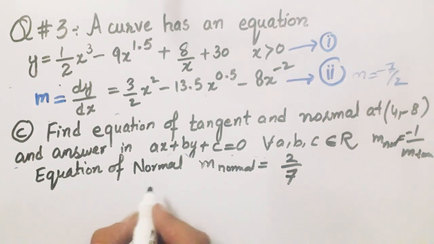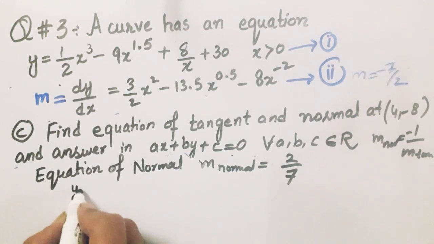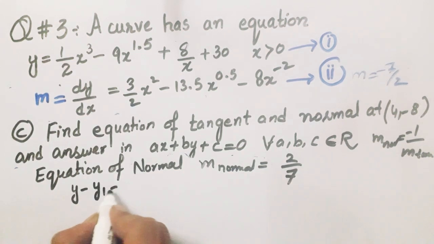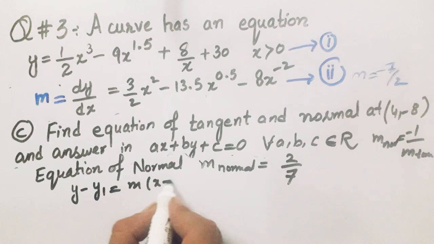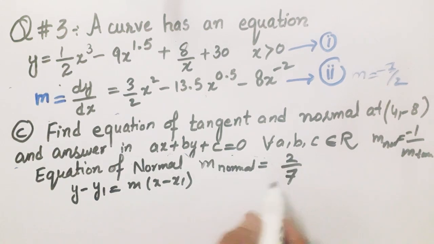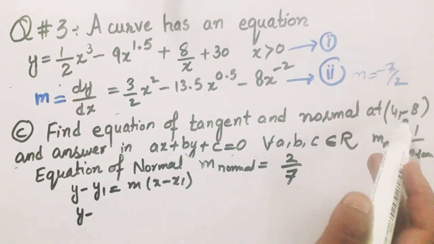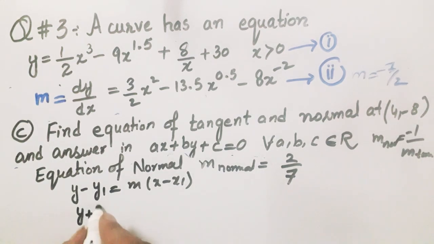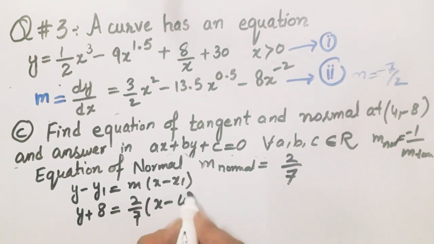So now the equation of normal will be the same as this, y minus y1 equals m into x minus x1. Now here we use the slope of the normal, that is 2 by 7. So y minus y1, where the y1 point is minus 8, this will become plus, y plus 8, equals 2 by 7 into x minus x1, which is 4.